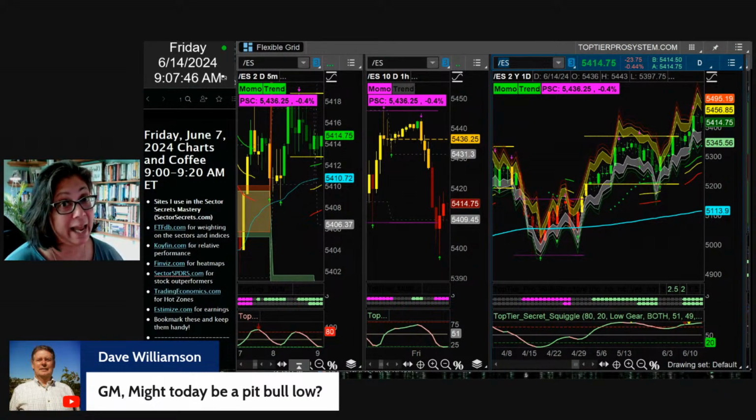This isn't just any OpEx, right? Every quarter we get the big one, and that's the triple witching. So not only are we going to end the quarter this month, which is a very different beast than ending a month, we're also going to get the triple witching expiration next Friday. Now, the Pitbull low is a monthly thing, but we're just talking about the quarterly impact.